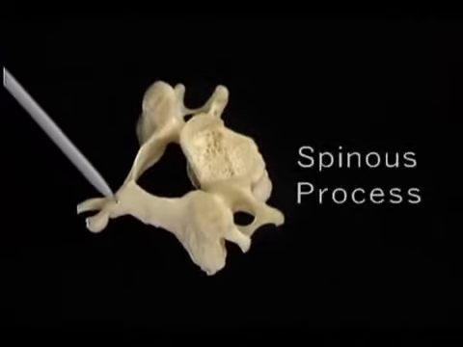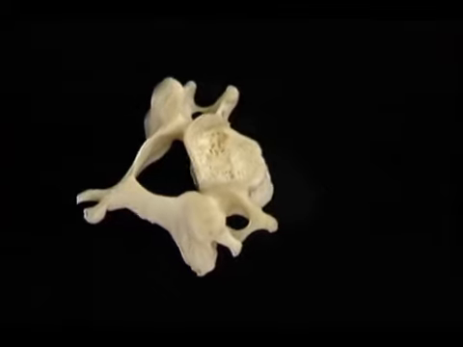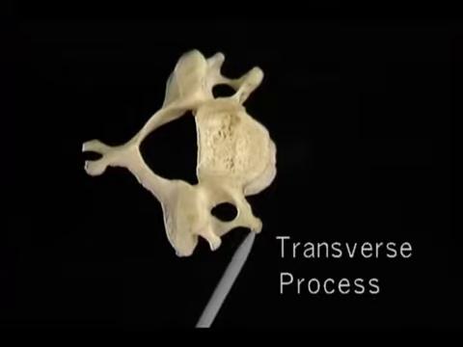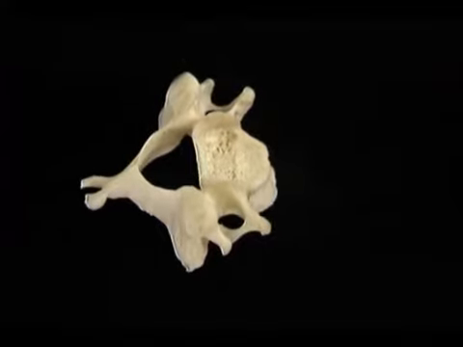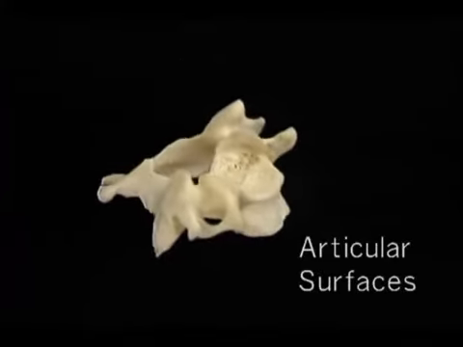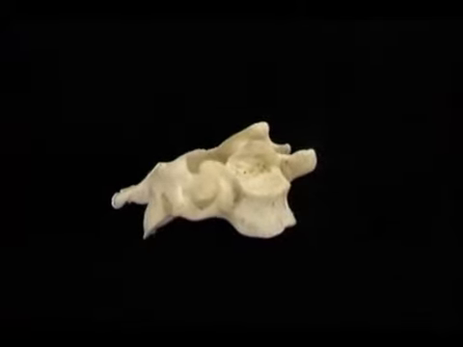It has a spinous process behind with two tuberosities and a transverse process on each side, also with two tuberosities. On each side there are two articular surfaces, one above and one below, which form the intervertebral joints.